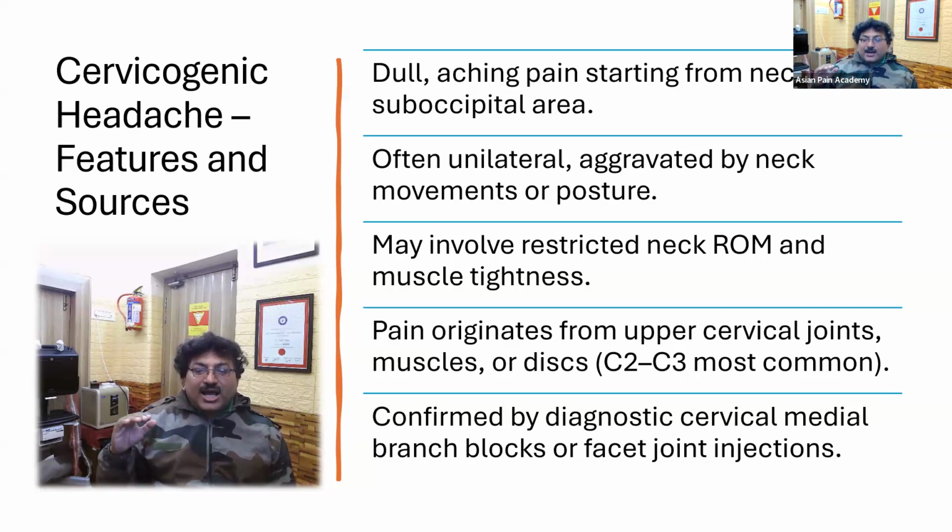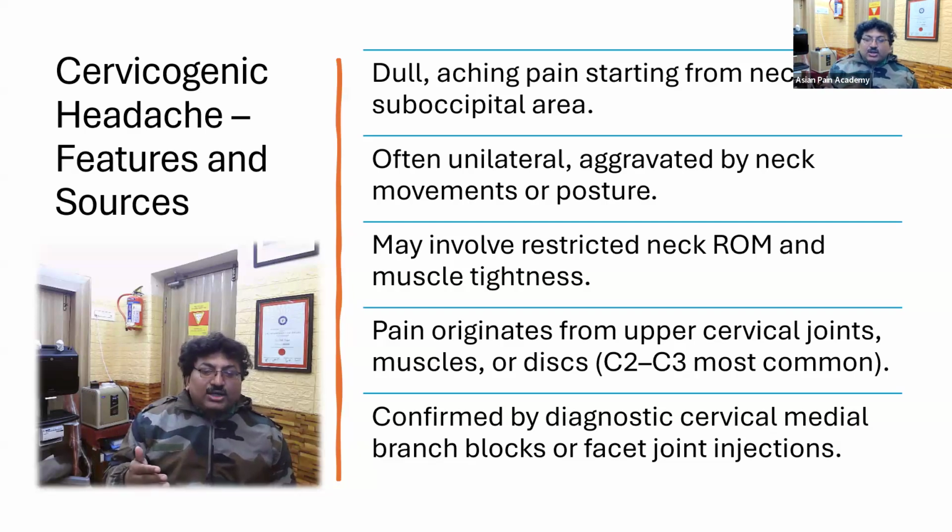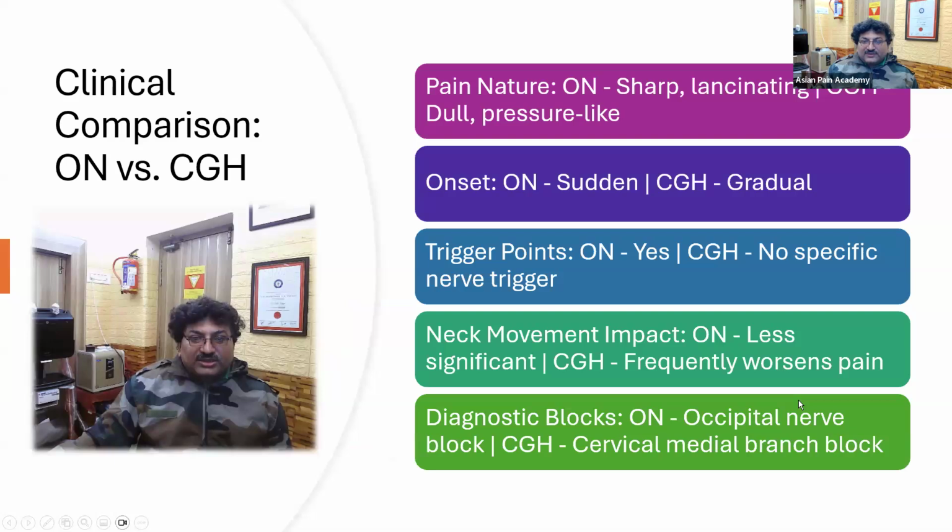Usually the upper cervical joints, that is C2, C3, are the most common source, either from the third occipital nerve, because the third occipital nerve goes just above the C2, C3 joint, or it could be referred pain from those structures. And definitely it is confirmed by the diagnostic cervical medial branch block or the facet joint blocks.